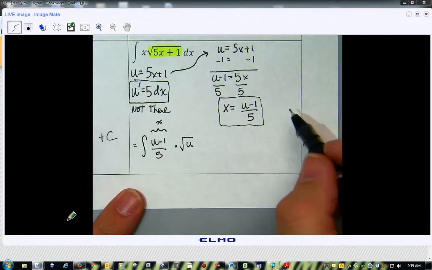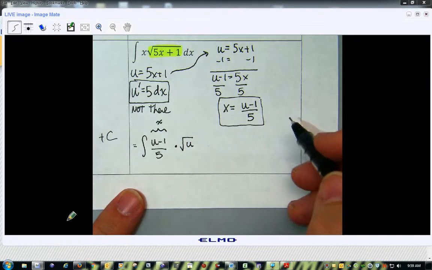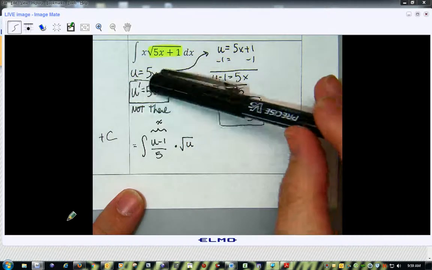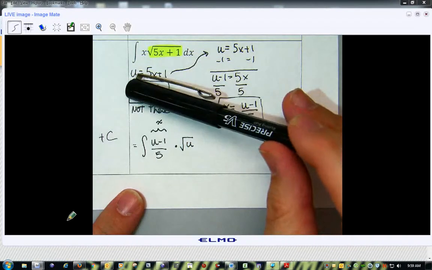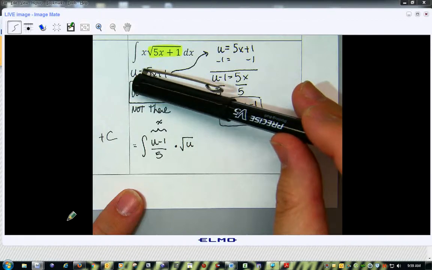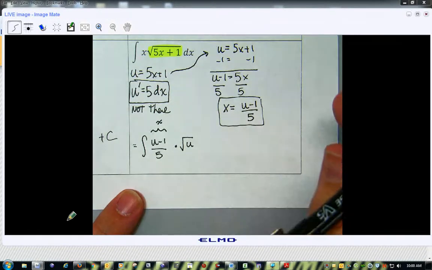And then now I have to figure out, all right, at this point, I need a du in there, don't I? My du here didn't really work too well. Or, it worked out pretty good.